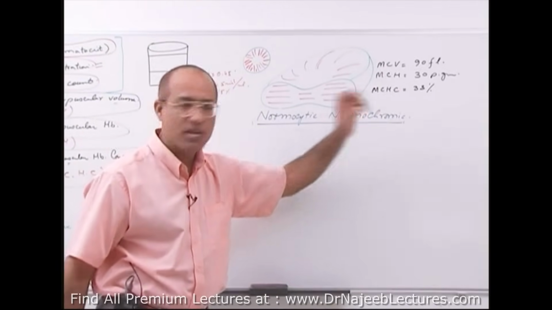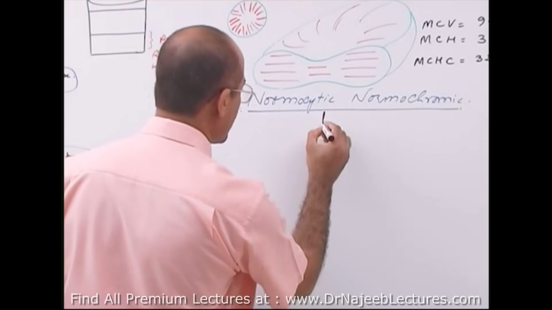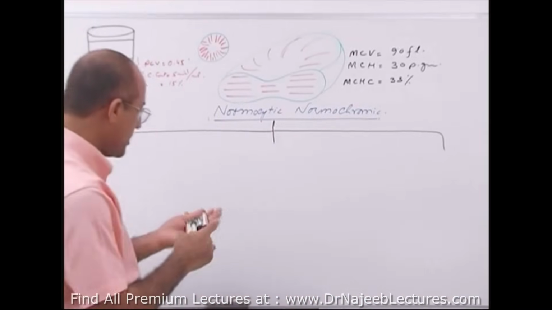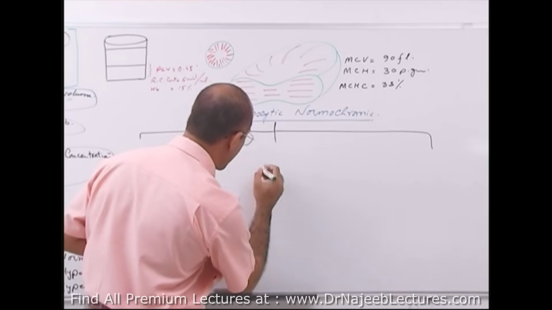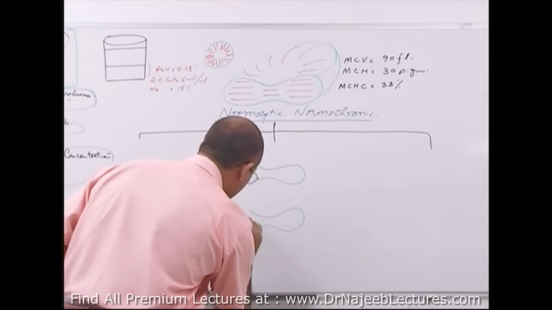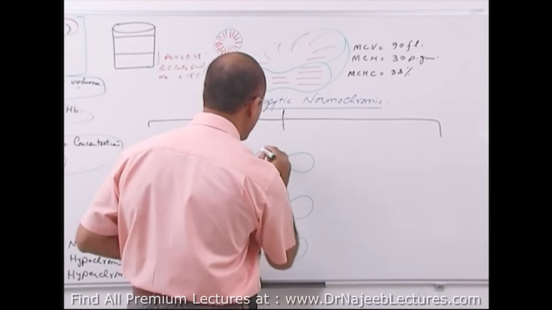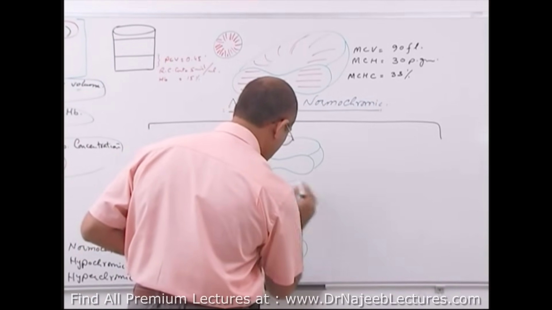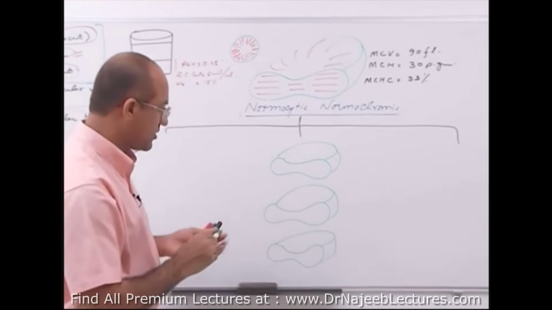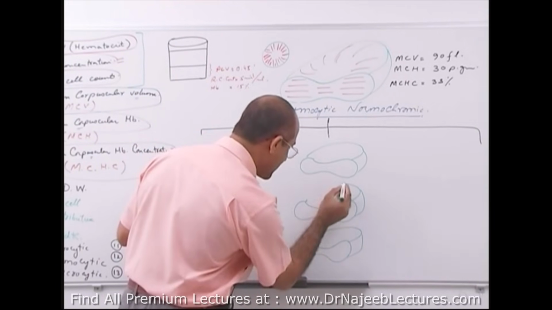Any problem here? Now, let's make some variations from here. Due to some disease processes, there can be certain variations. Here I am putting three normal sized RBCs. These are normal sized, so all of them are normocytic.